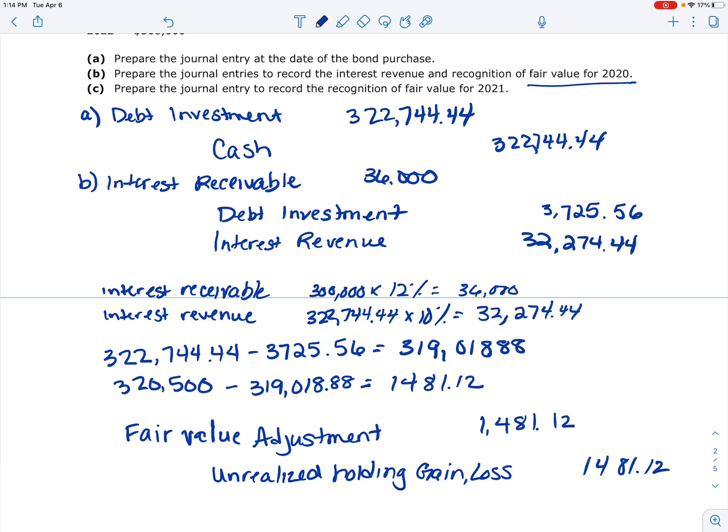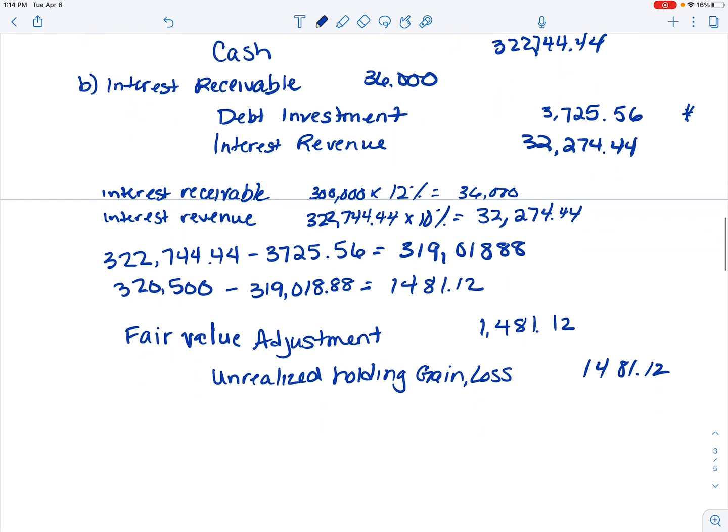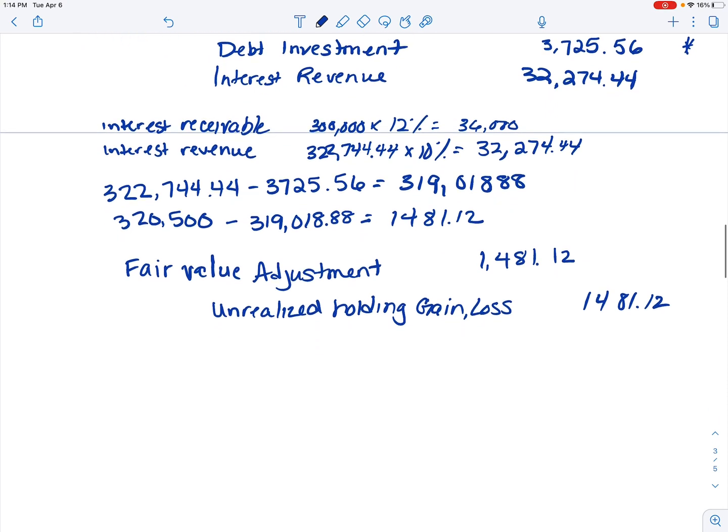So now when we go through and calculate the interest for the next year, which they don't want, they do want the recognition of the fair value for 2021, and we have to see how much we're going to decrease our debt investment by to calculate that fair value adjustment.